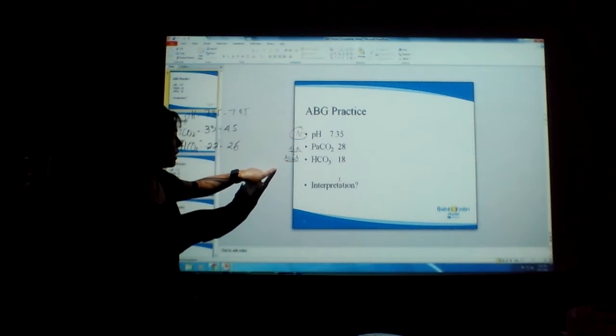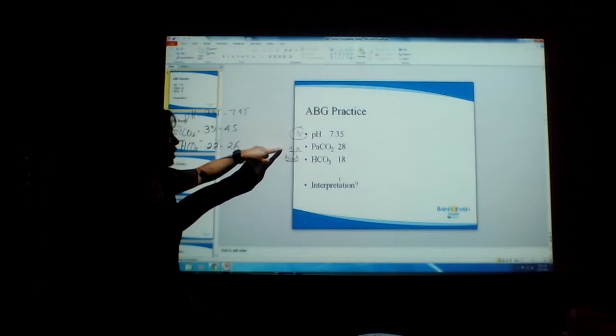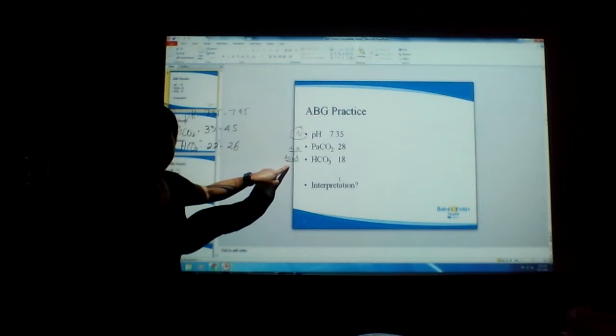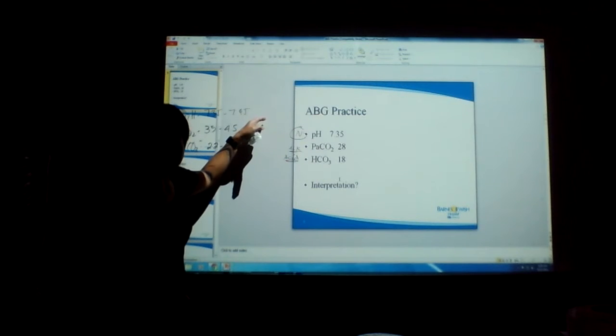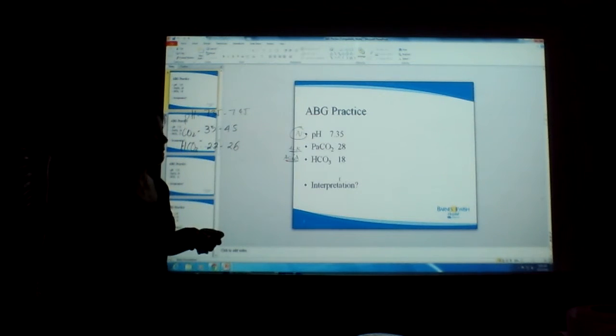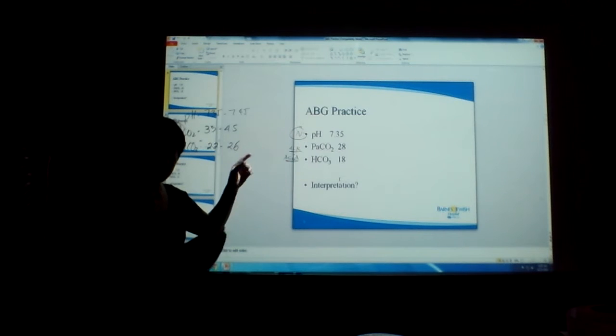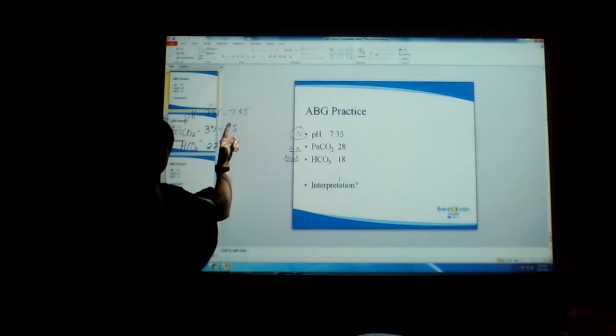So maybe I can write respiratory alkalosis compensated, or metabolic acidosis compensated. Maybe I'll write patient comes in overdose of aspirin. This is the ABG. So automatic, I know it's a metabolic problem, right? But I looked at the ABG and this is the result. So I'm going to write metabolic acidosis compensated.